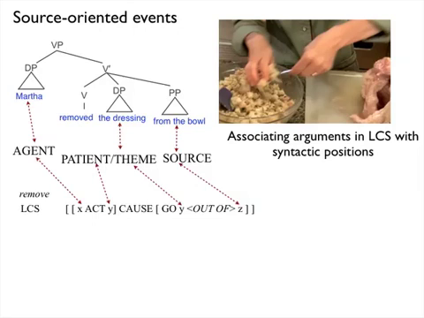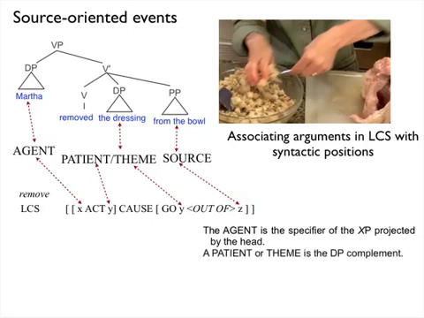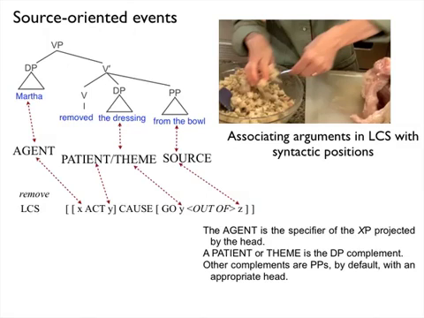Typically there would often be compound prepositions to give you other nuances about the exact scenario. And so the agent is the specifier of the XP projected by the head. The basic patient or theme is the DP complement of the head. Other complements are PPs by default with an appropriate head. So that is to say, with an appropriate preposition.